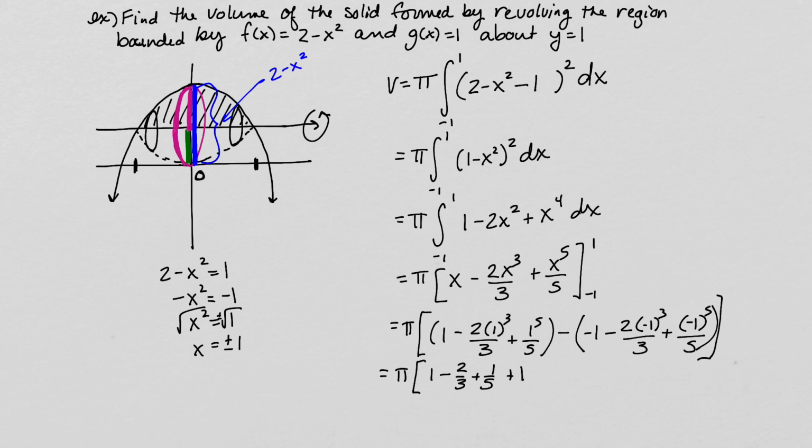Minus times minus is plus, but then -1 cubed is also negative, so minus 2/3. And then minus is a plus again, so plus 1/5. And if you work this all out, you should get 16 pi over 15, right? If you add all those things together, make them all 15ths.